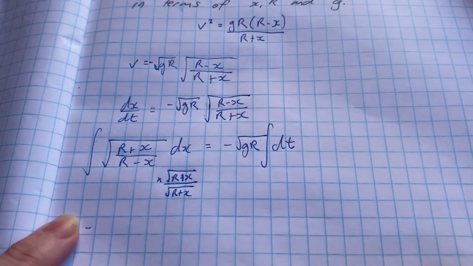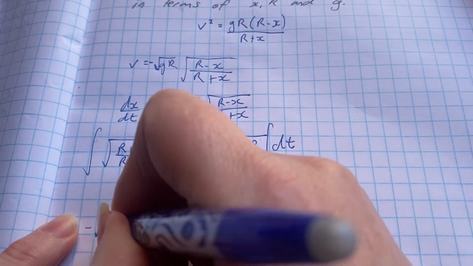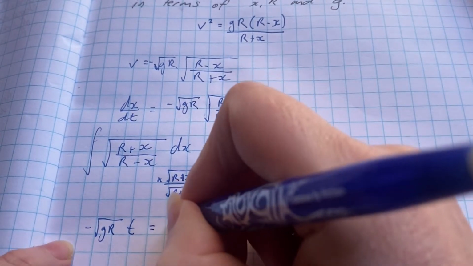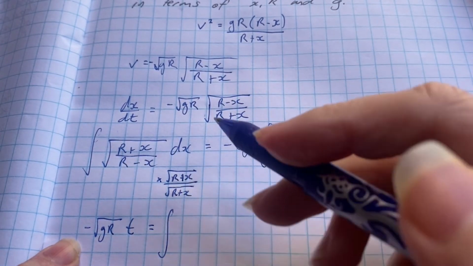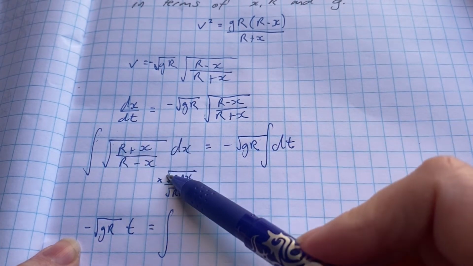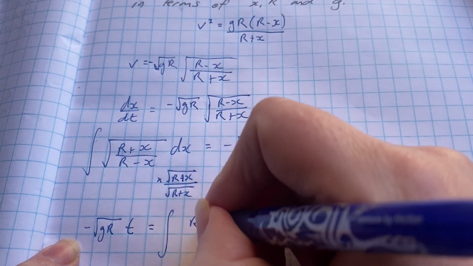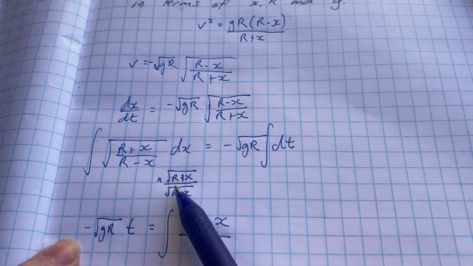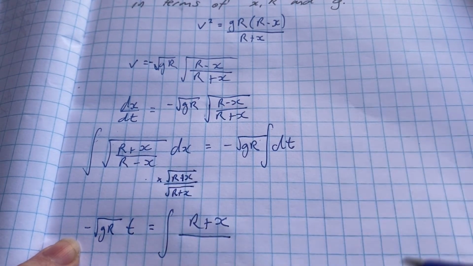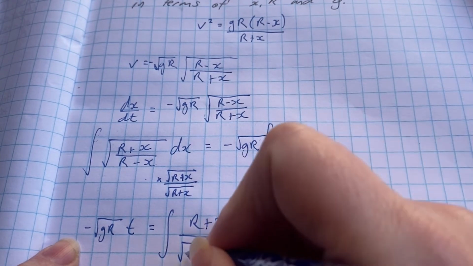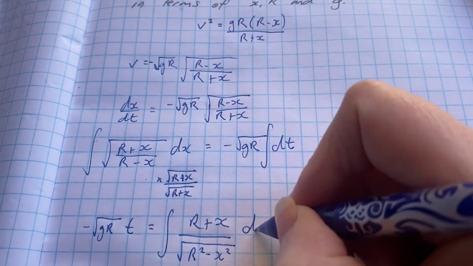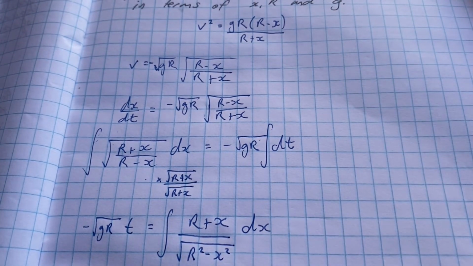So we've got negative the square root of gr times t is equal to the integral. So that numerator now is the square root of r plus x times the square root of r plus x, which is just r plus x. And the denominator, I've got the square root of r minus x times the square root of r plus x. That's a difference of 2 squares. So it's the square root of r squared minus x squared, and that's with respect to x.